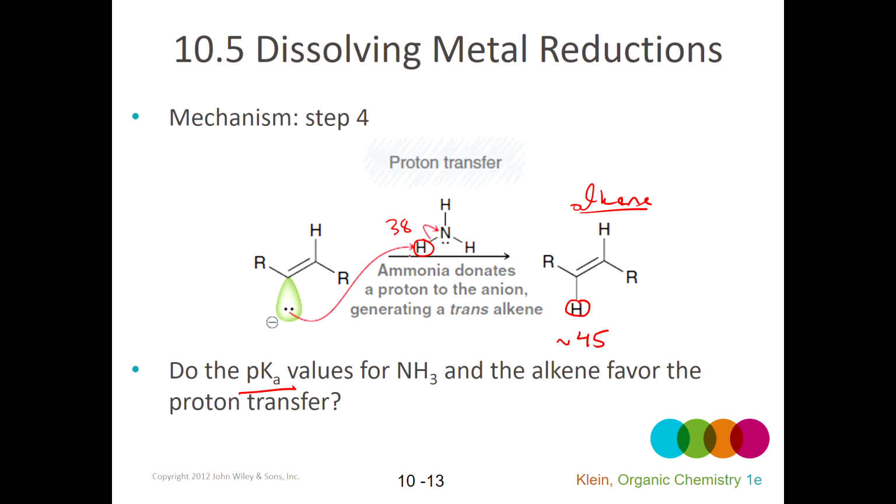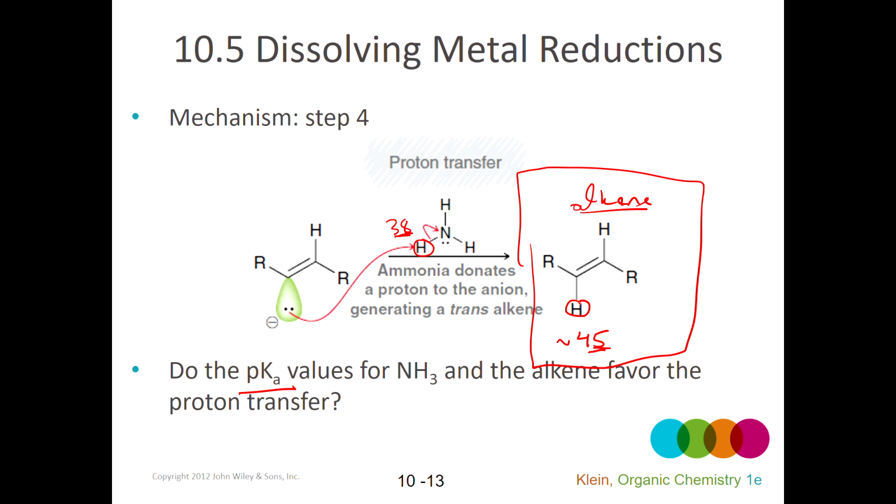So even though this is an extremely weak acid, its pKa is still lower than the alkene, and so the equilibrium here should definitely favor the side with the weaker acid or the higher pKa, and it would do so by 45 minus 38, which is 7 pKa unit difference, which means the products would be favored by about 10 to the 7th.